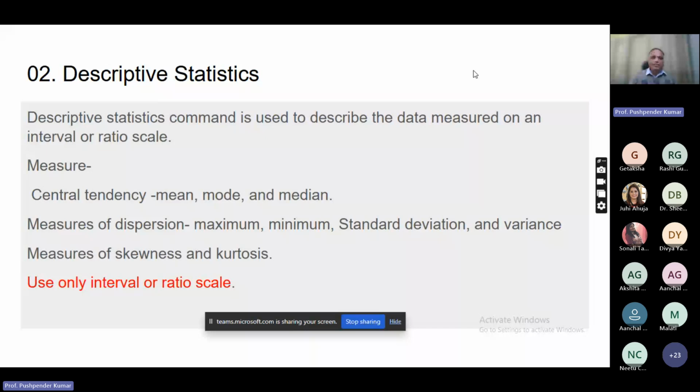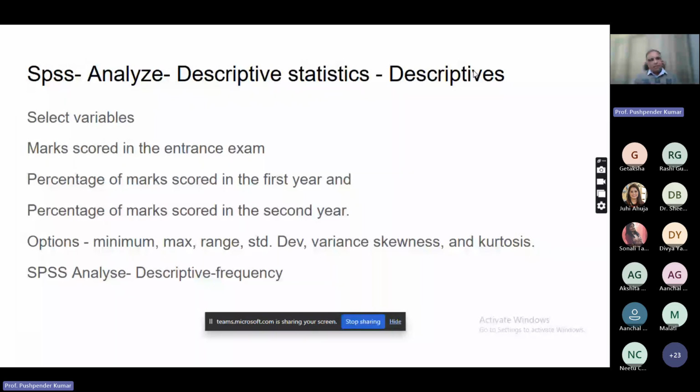So first, you need to describe your categorical variable. Then second, talk about your numerical data, and the first step in numerical data is descriptive statistics. First describe your categorical and then describe your continuous variables. Here in SPSS, again Analyze, Descriptive Statistics, Descriptives. Select variables. Which variables will we select?